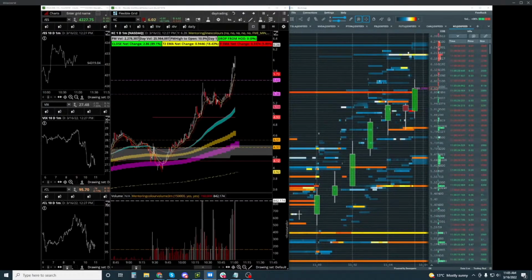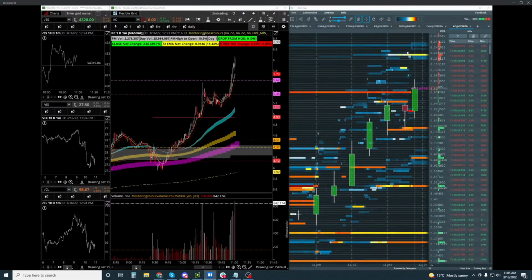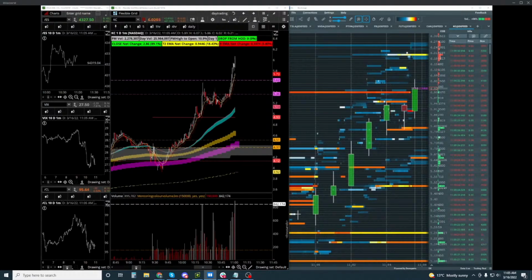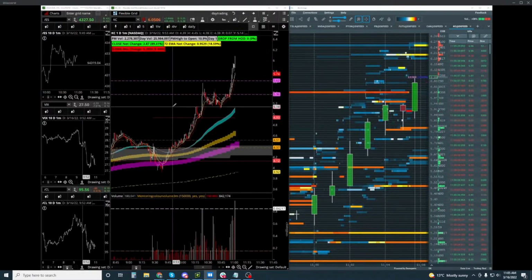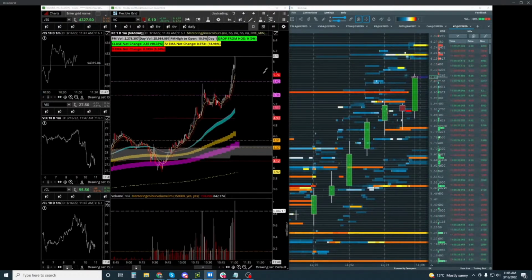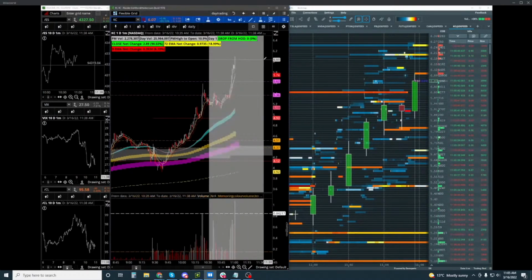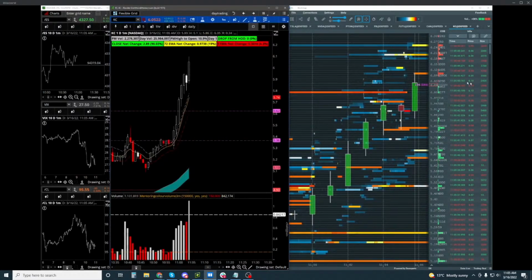It's on a mission over here. 610, volume strong above 1 million. Breakout of that inside bar.